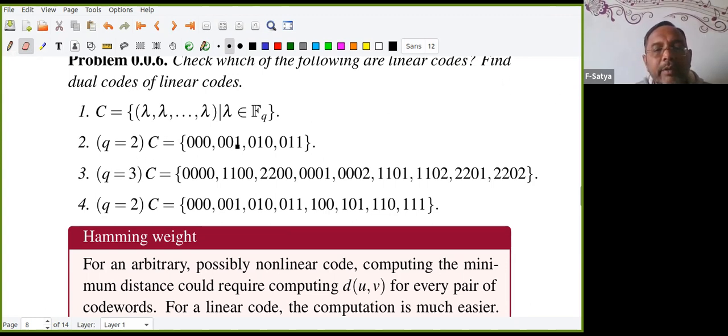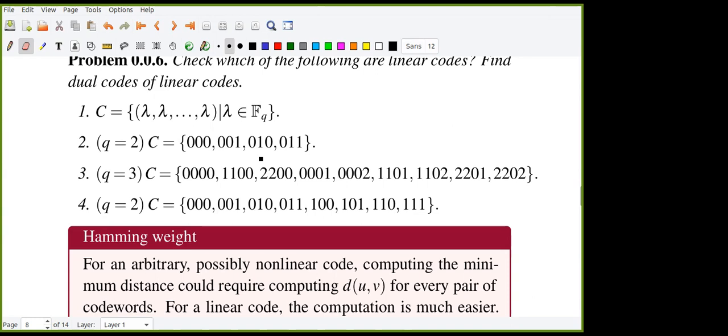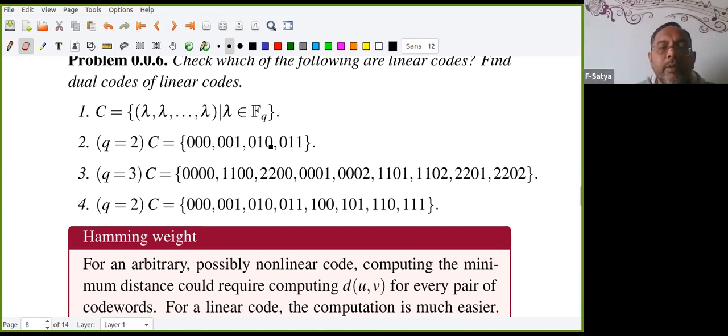Now, is it a linear code? Question number 1, is it a linear code? Yes, sir. Yeah, it is a linear code. So what is the dimension, and it is a subspace of which space?